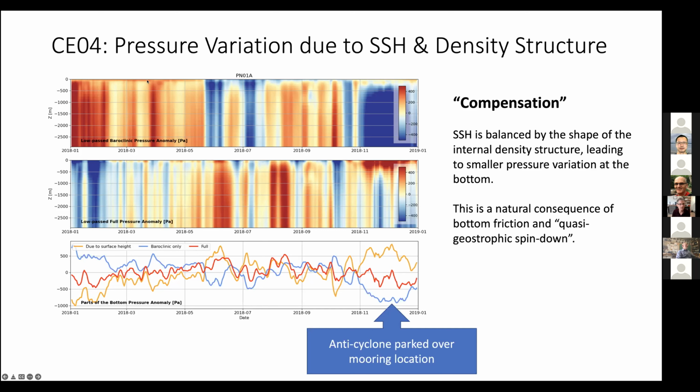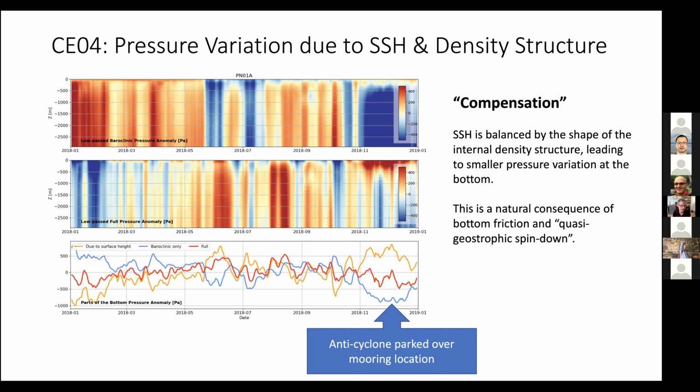You see that it starts out near 0 at the surface because it has to by construction. Then over the thermocline, it gains some signal. In some places it has more structure, like here, where there's a subsurface eddy of some sort, but it changes sign a lot. If I add to that the part due to the sea surface height anomaly, you see this middle panel.